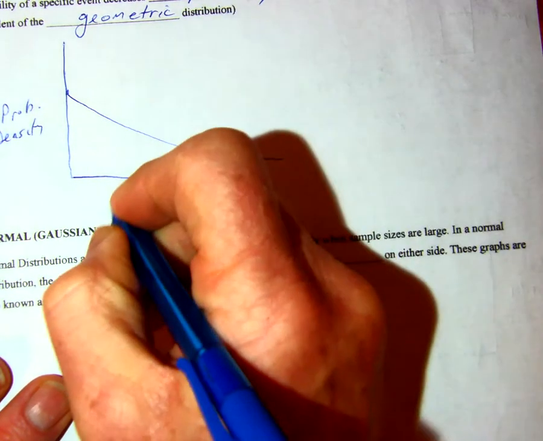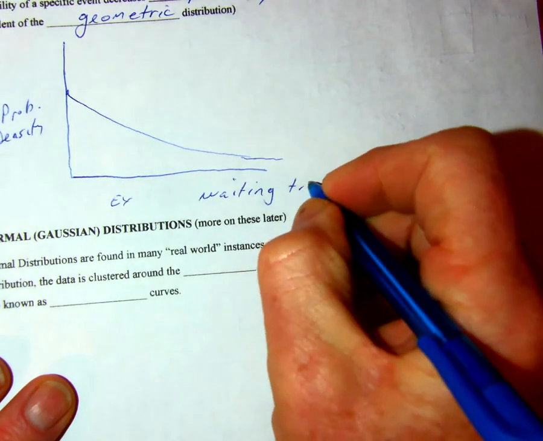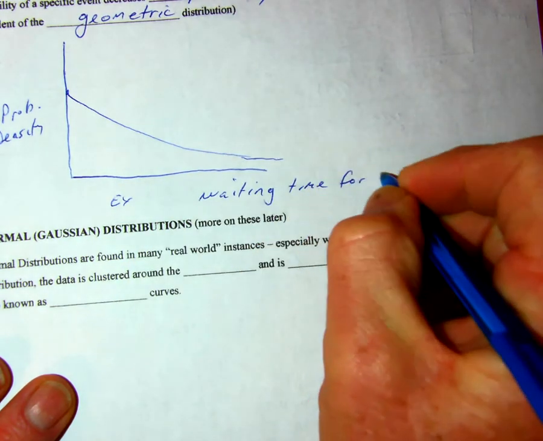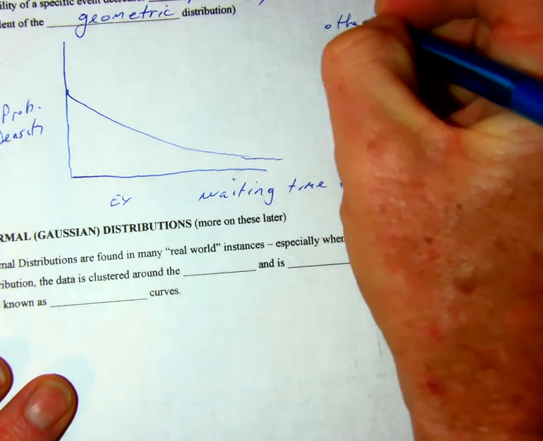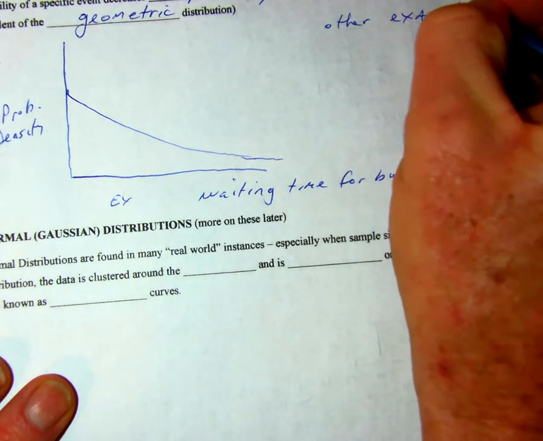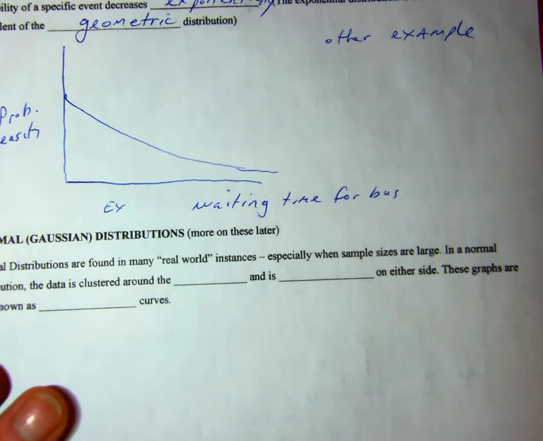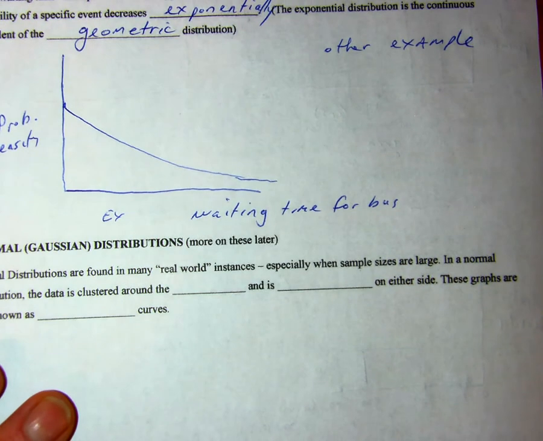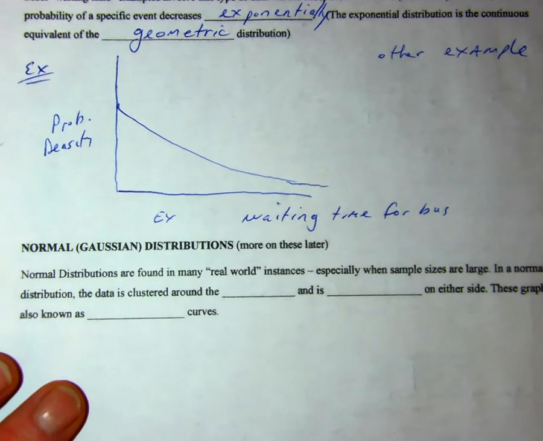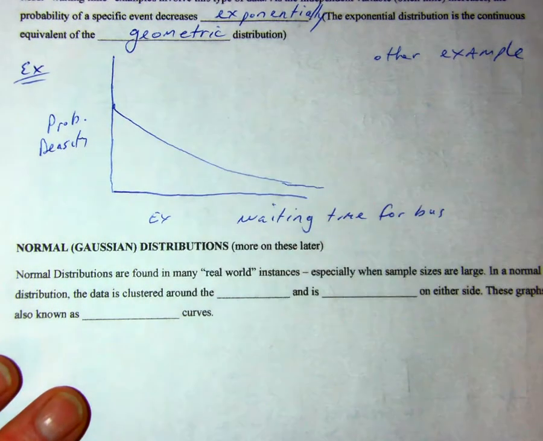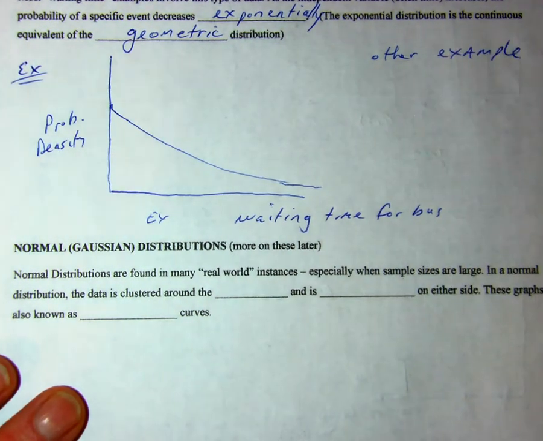For example, waiting time for a bus, or it could be in physics. There's an example of atoms that change. How do atoms change from one type of atom to another type of atom? They decay. What do we call that?